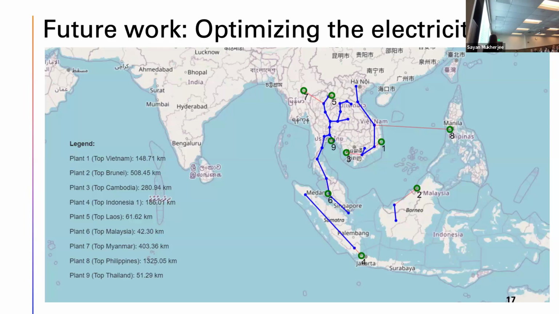So it's really important to understand that we want to also optimize those costs. So there's generation costs that go along with it, but what you're looking at here is just to visualize what we're looking at. All these green dots here are the top producing coal power plants per each country.